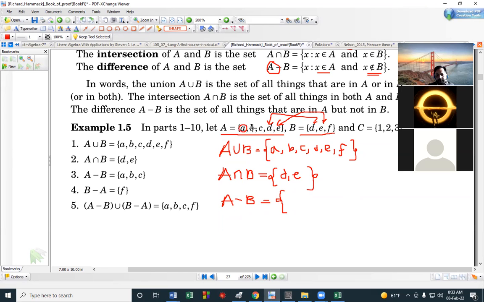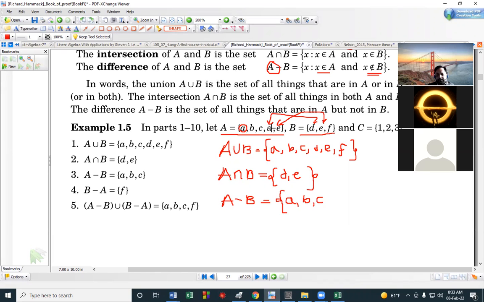Sir, A, B, C will be there. Right. A is an element of A, it is not an element of B. So A goes there. Similarly, B is an element of A and B is not an element of B. So B goes there. Similarly, C goes there.